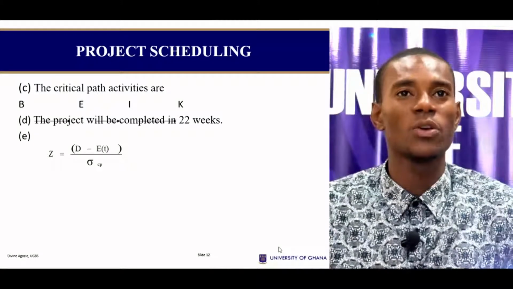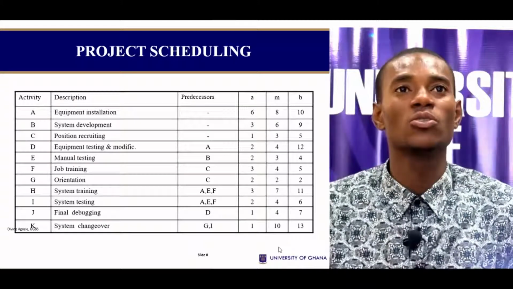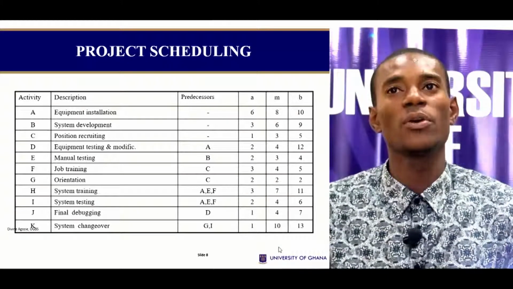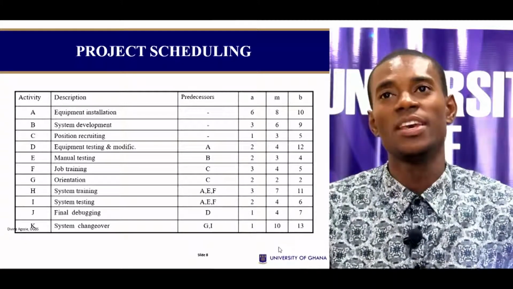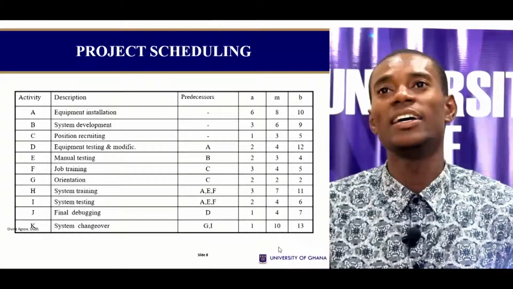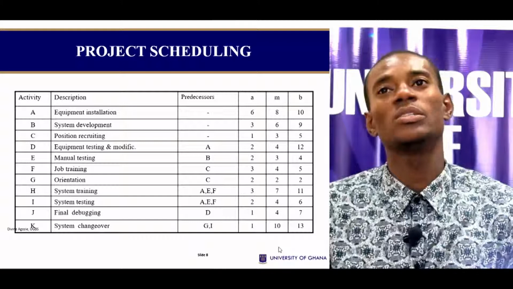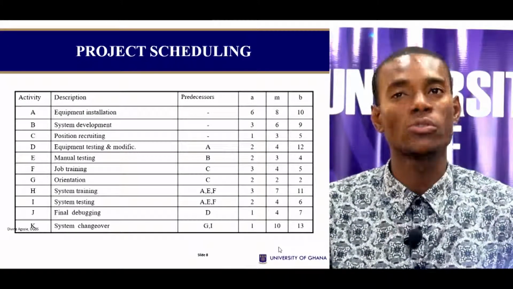Forgive me, we are going to go back a little to the original question here. For instance, activity B is a critical activity. If I want to find the variance for activity B, its B value is 9 and its A value is 3. So all I'm going to do is 9 minus 3 divided by 6, all squared.